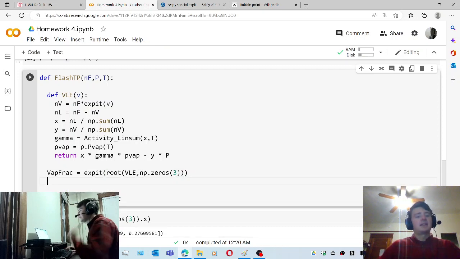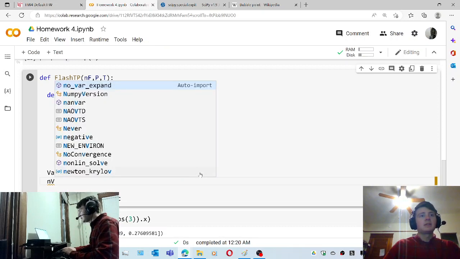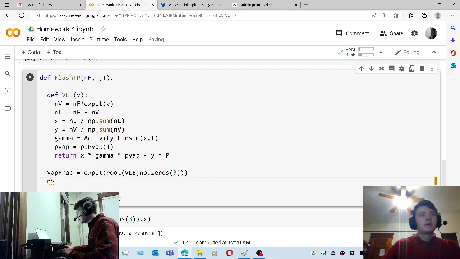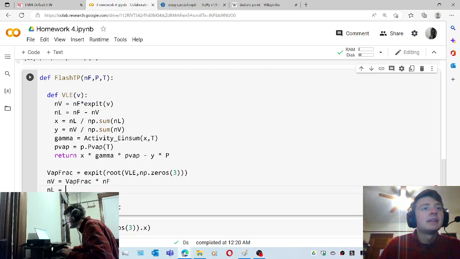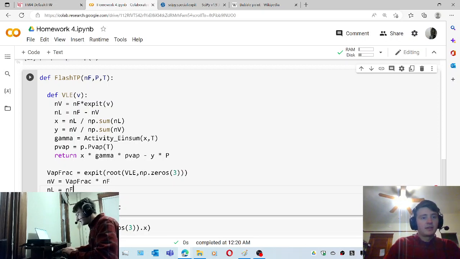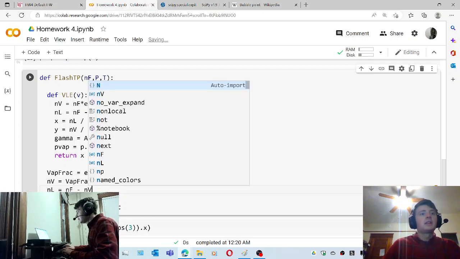So the number of moles in the vapor phase is just going to be this vapor fraction times the number of moles in the feed, and the number of moles in the liquid phase is just going to be the number of moles in the feed minus the number of moles in the vapor phase.